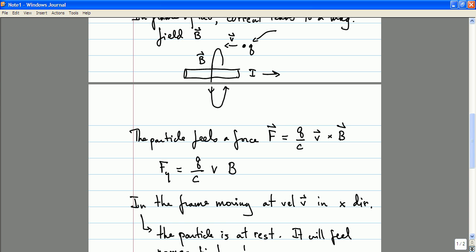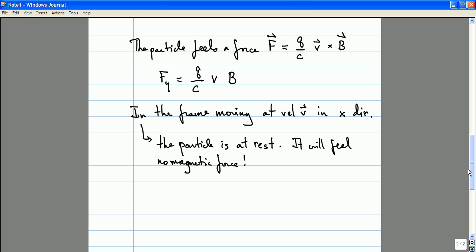So in this frame, the particle's not moving. And so the magnetic force, V cross B, is equal to 0. Okay. So what we conclude then is that in this frame, the particle must still feel some sort of force.